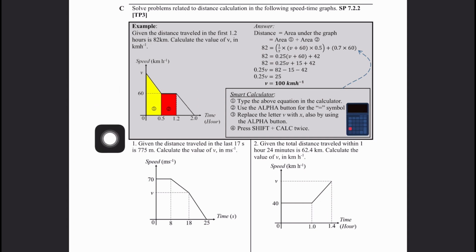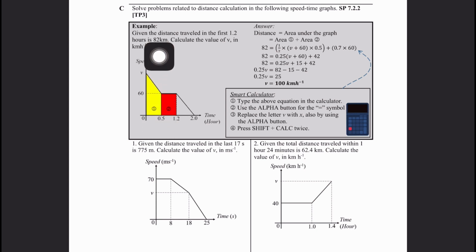So let's look at the graph. We have a speed time graph, kilometer per hour and hour. Given that the distance traveled in the first 1.2 hour, 1.2 jam yang pertama, ialah 82 km.